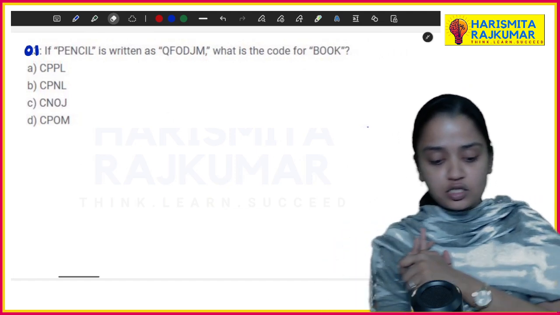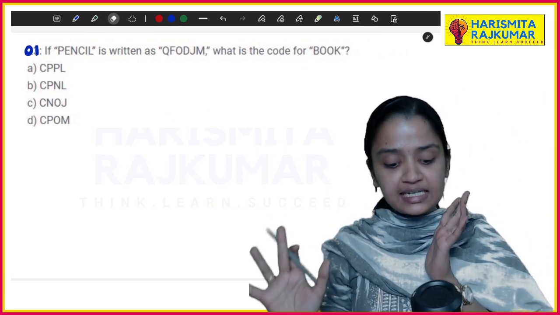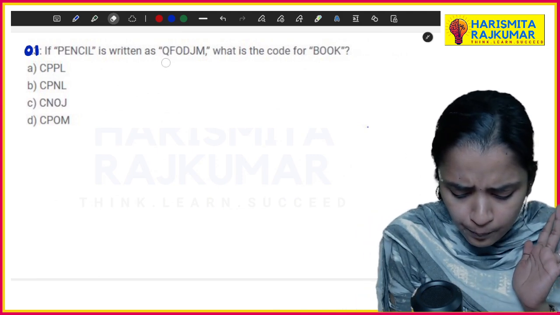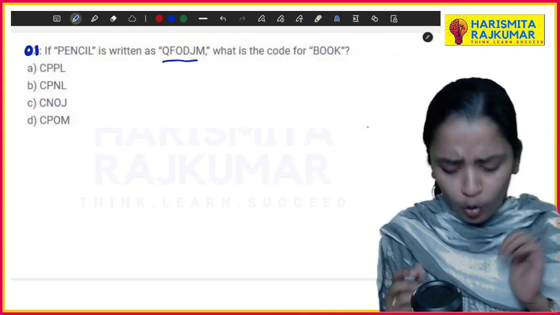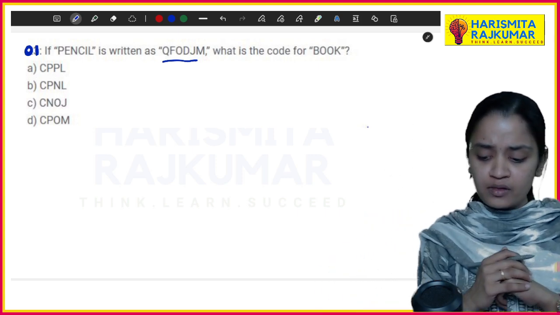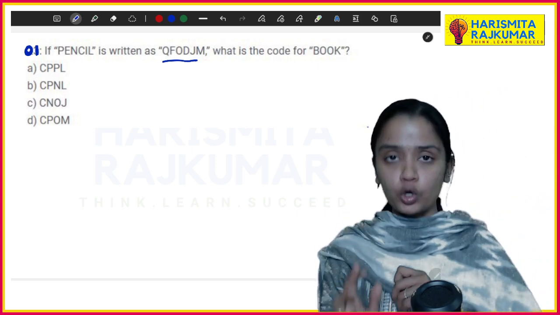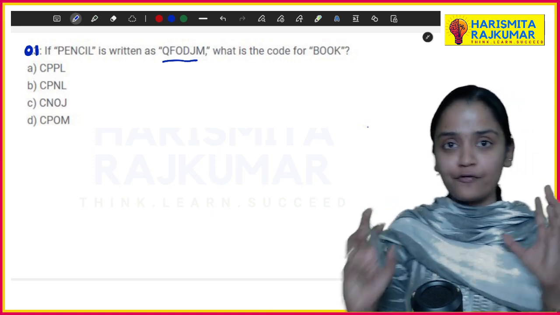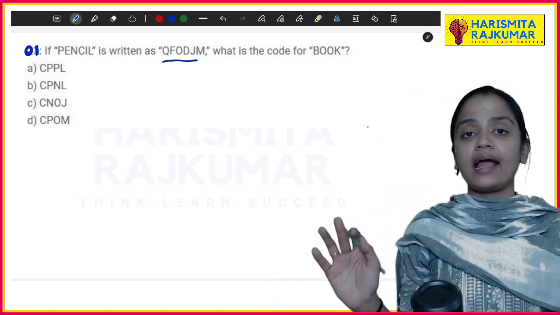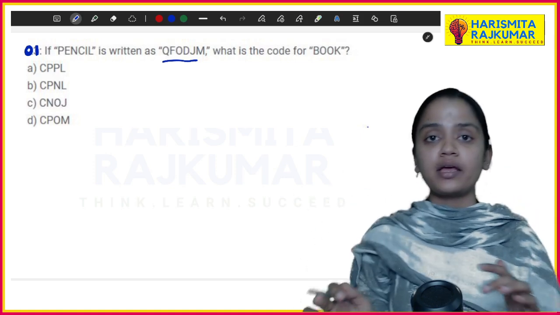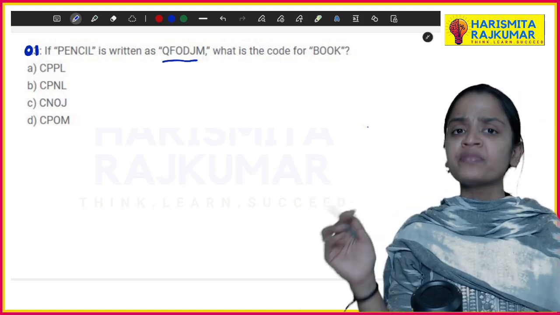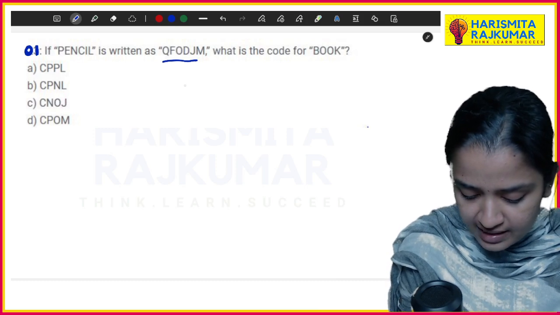Now, our first question. If pencil is written as QFODJM, what is the code for book? When you have alphabets, just write the alphabets. Just before starting an exam, write your alphabets in order and place the number for each.